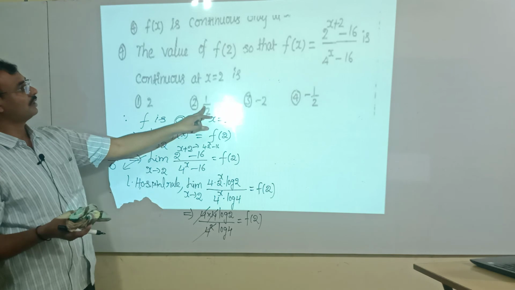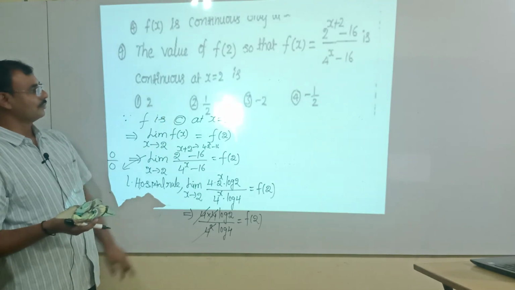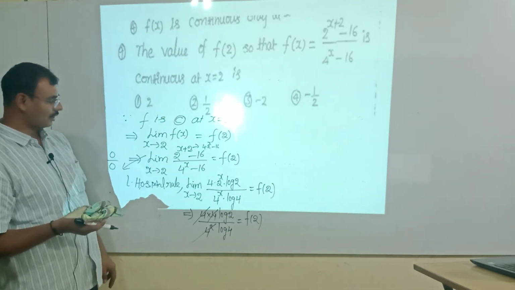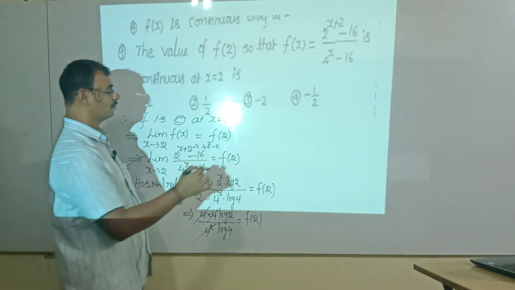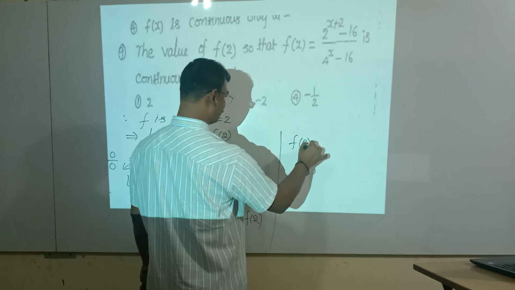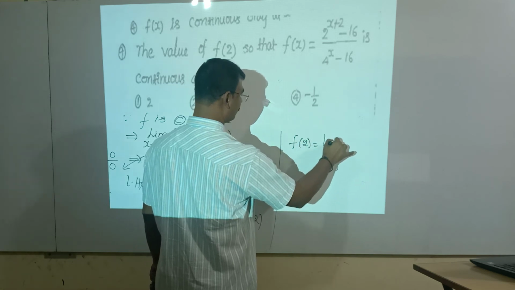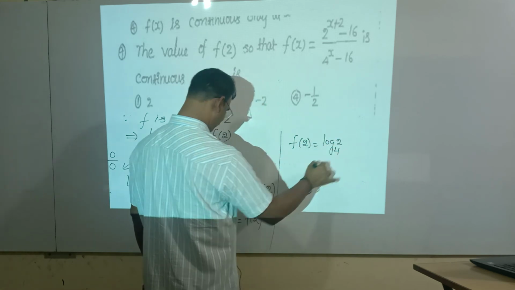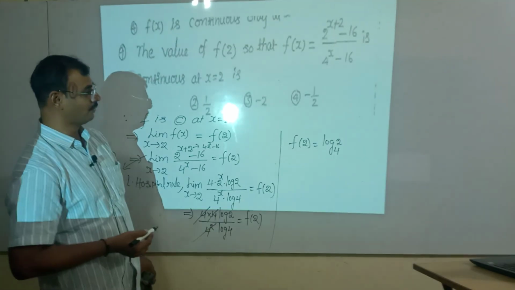So options are not given in this model. So f of 2 is equal to log 2 divided by log 4. Also I can write log 2 base 4.